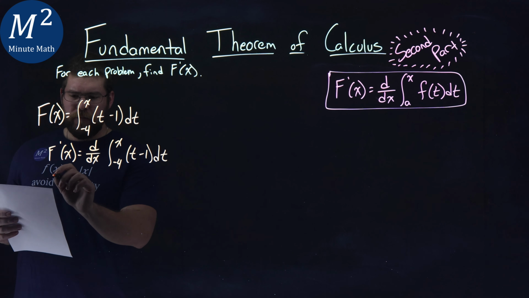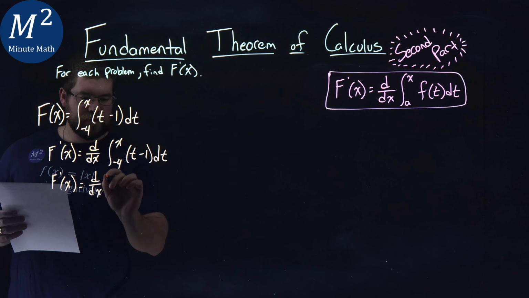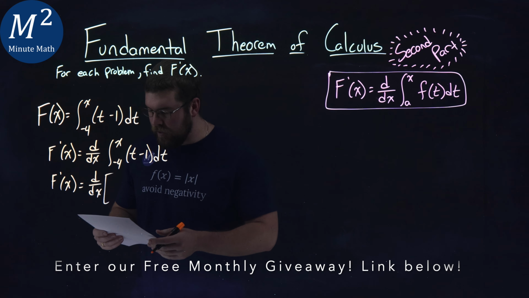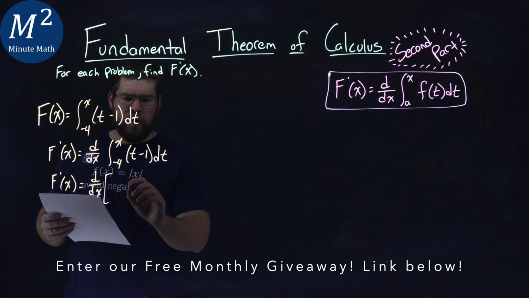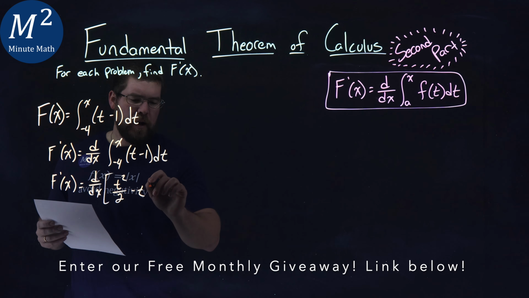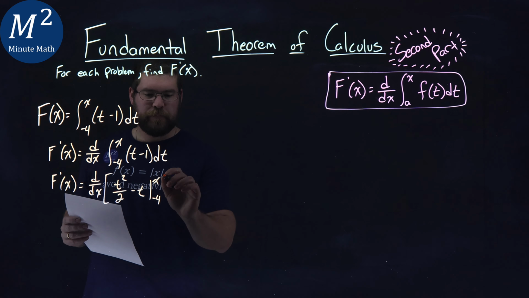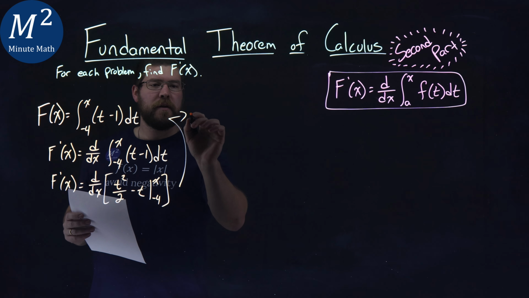Okay. So f prime of x here is equal to d over dx of the integral of t minus 1, which is t squared over 2 minus t. And we're integrating this from -4 to x. All right? So I'm going to continue this up here.